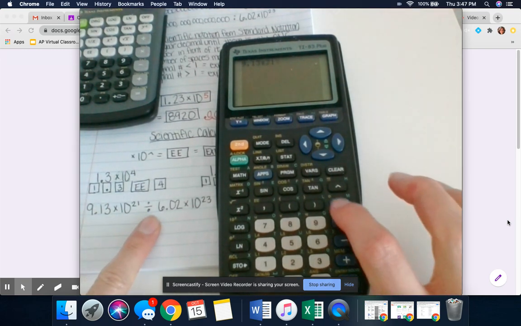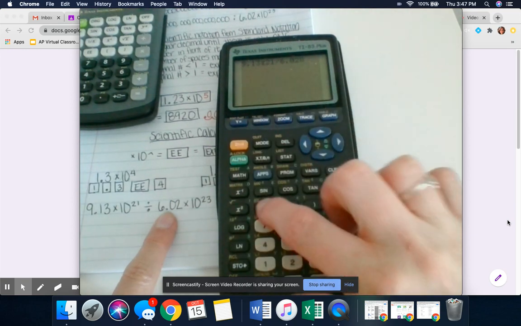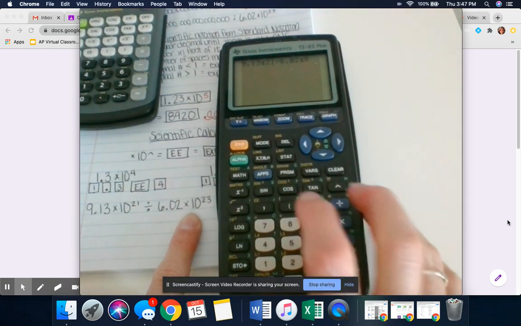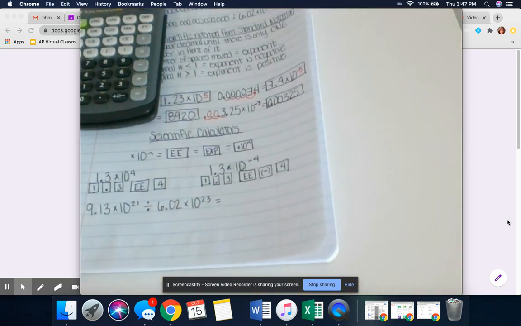Now I'll hit divide. Now I'll hit my 6.02. I'm going to hit the EE button again for the times 10 to the, and then I'm going to hit 23. Okay, and I should get 0.015 is how I'll have you guys round that off. Okay, 0.015.